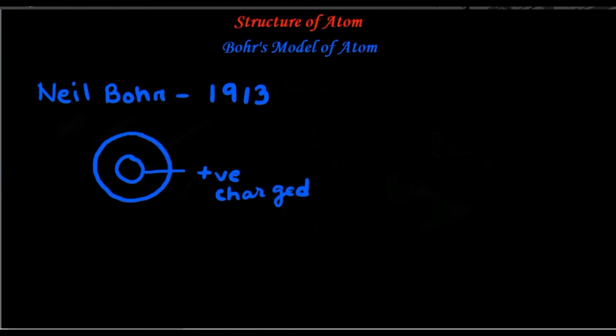Earlier in the Rutherford's model, Rutherford explained that in an atom, a nucleus is positively charged and is surrounded by electrons. So Rutherford said that a nucleus is positively charged, and around that nucleus there were electrons surrounding the nucleus.